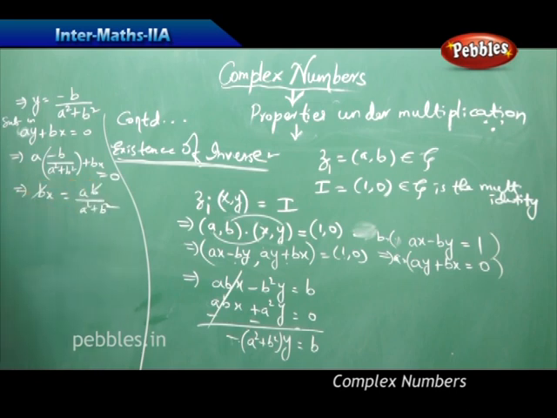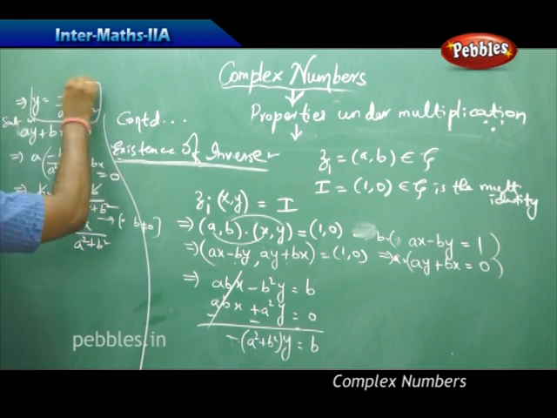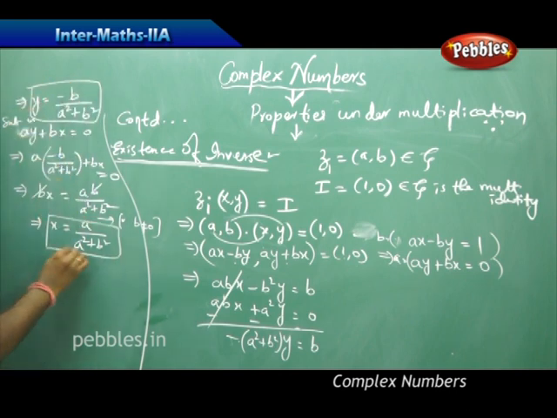Assuming that b is not equal to 0, I have this x equals this. Then this will be a by a squared plus b squared. And my y equal to this and my x equal to this defines the multiplicative inverse.